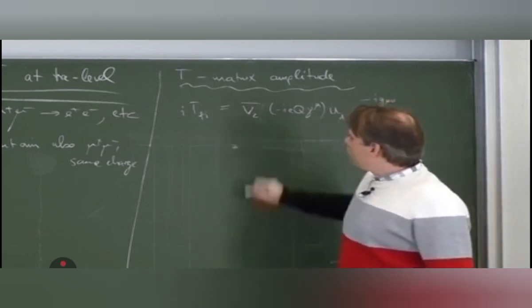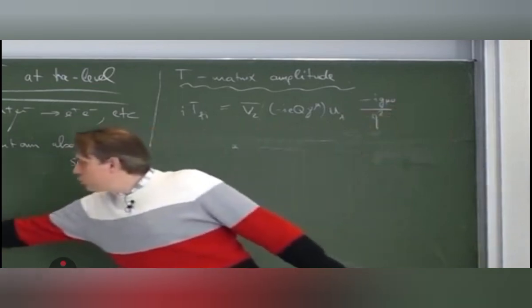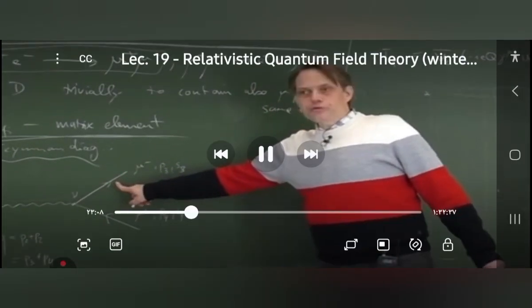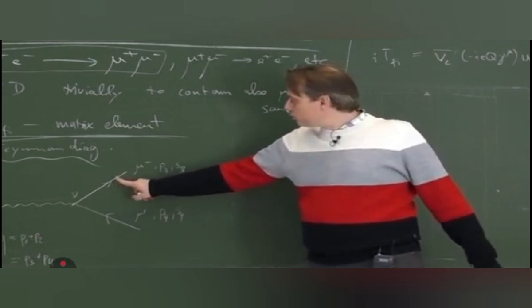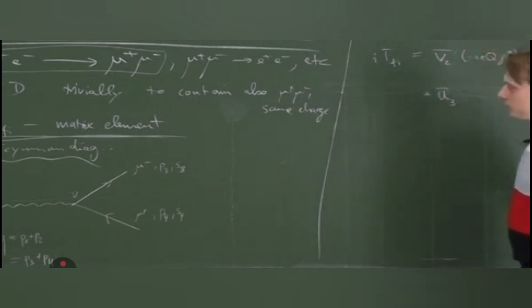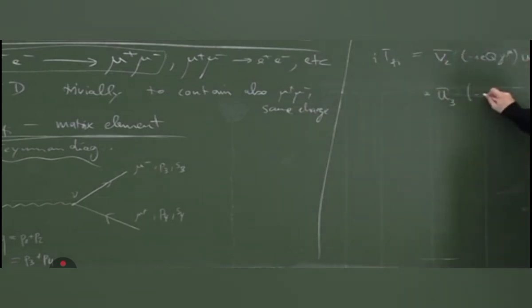And then we have the Feynman rule for the muon, anti-muon line. Starting against the arrow, we first have to write down the spinor for the outgoing mu minus, which is u bar 3. Then the vertex minus i e Q gamma nu now.